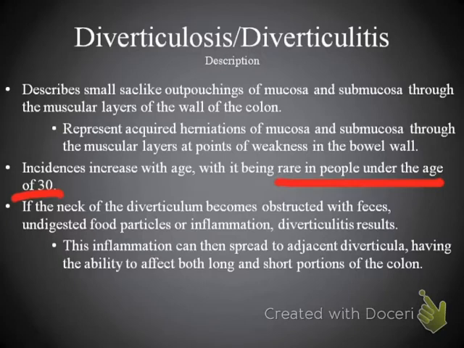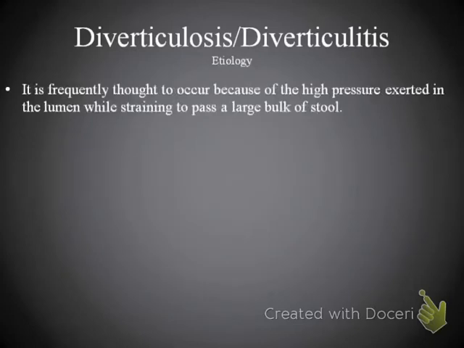And as we see here, this one small spot of diverticulitis can then spread throughout all the diverticuli and cause tremendous amounts of pain. And that's why many people associate diverticular disease with being pretty painful at some points in time, depending on what stage you're in. So as we've already discussed, what is thought to be the cause of diverticulosis is the high pressure exerted in the lumen while straining to pass a large bulk of stool.